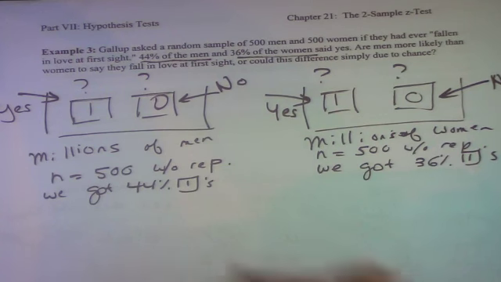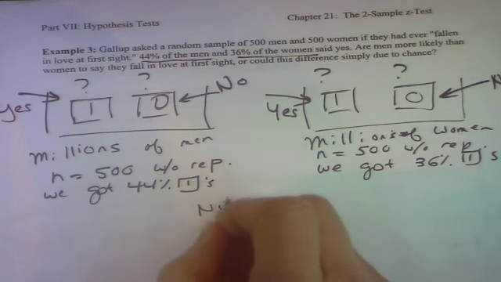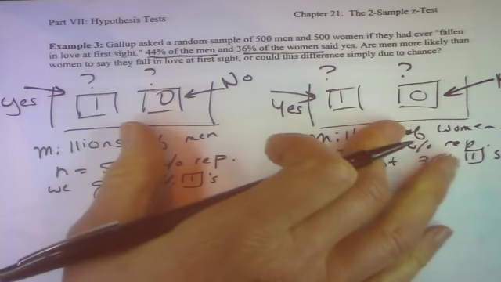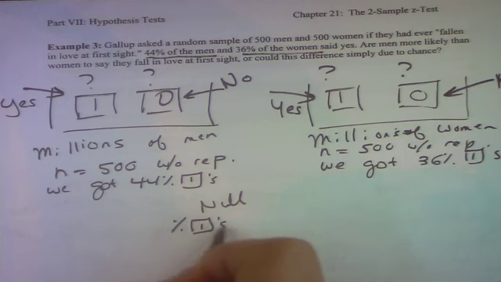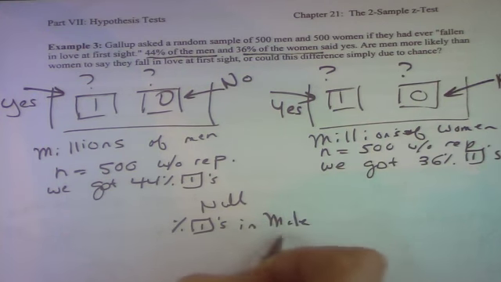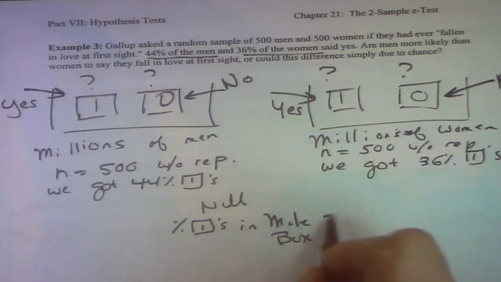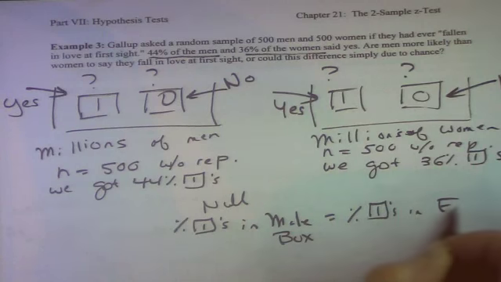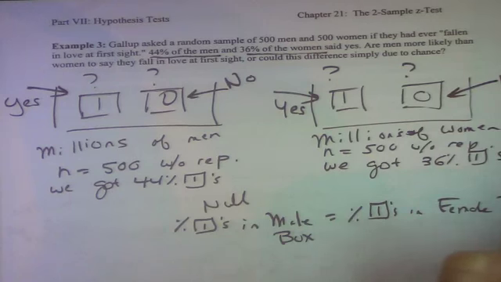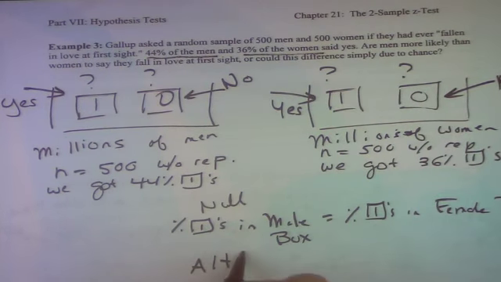So the null is what? The null is that the 2 boxes have the same percent. The percent of ones in the male box, sounds funny, equals the percent of ones in the female box. And the alternative is what?